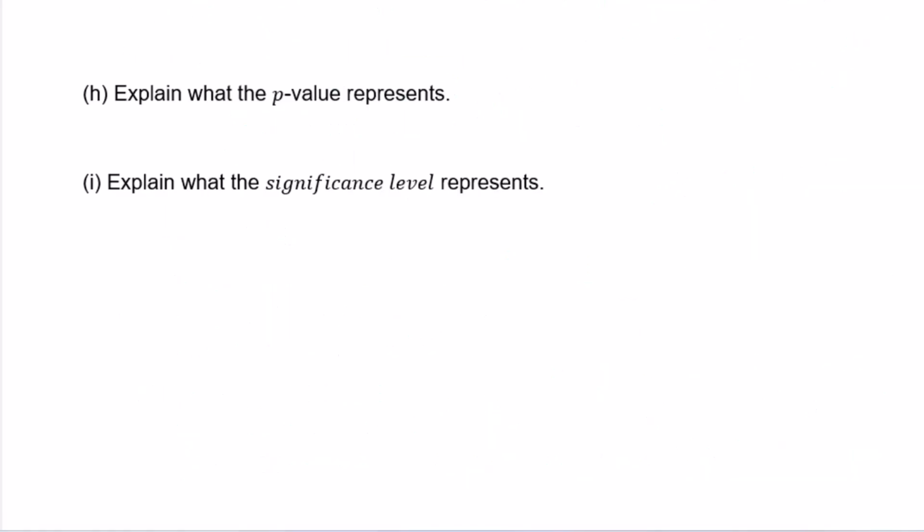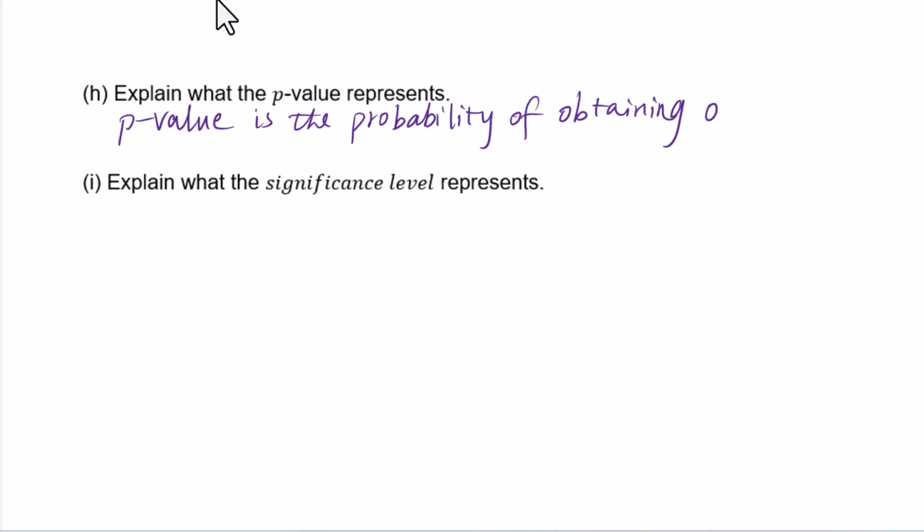Part H. Explain what the p-value represents. P-value is the probability of obtaining the observed results when H0 is true. Explain what the significance level represents.